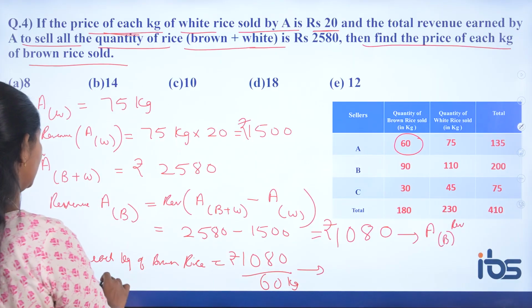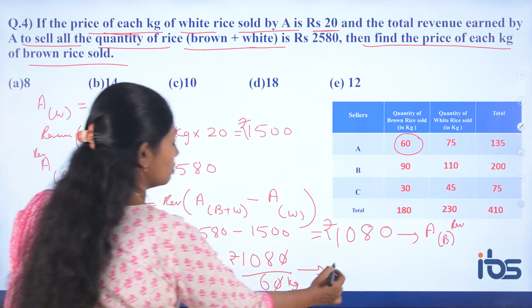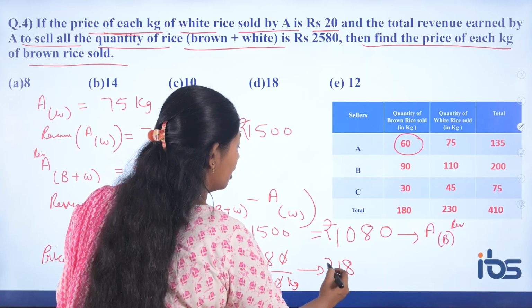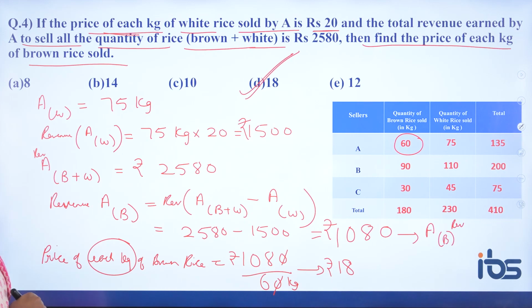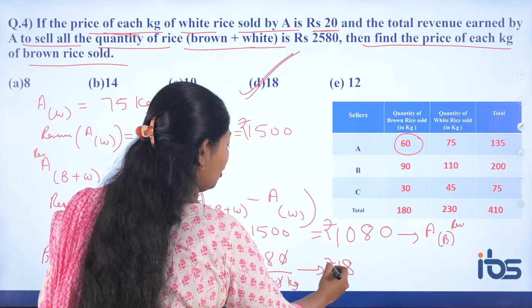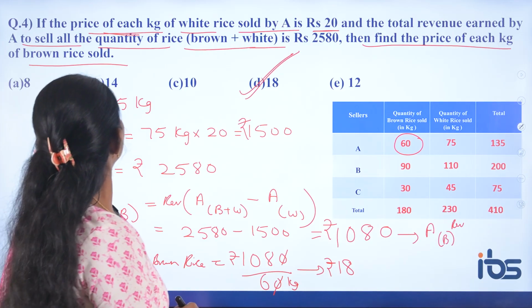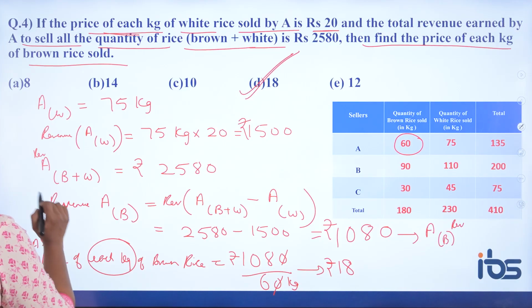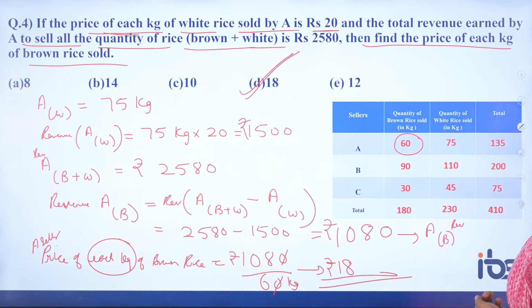Divided by 60: 6 ones are 6, 6 eights are 48. So 18 rupees. 18 rupees will be the price for each kg of seller A's brown rice. So the answer is rupees 18.